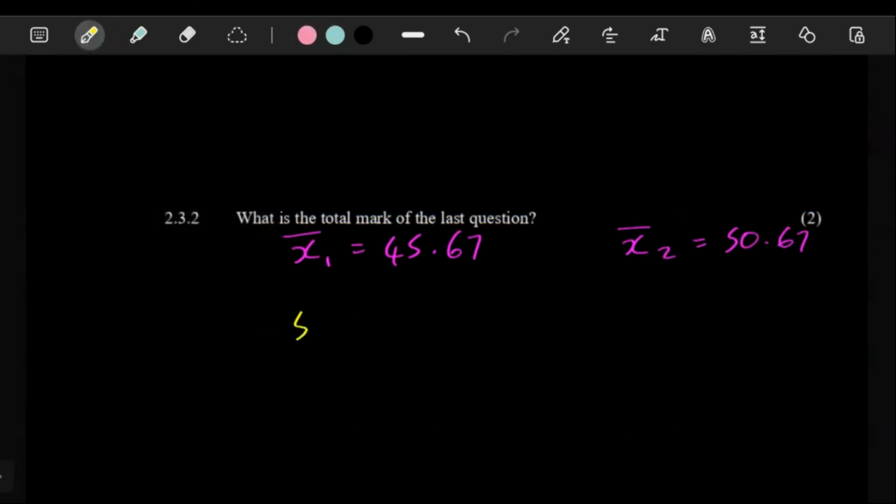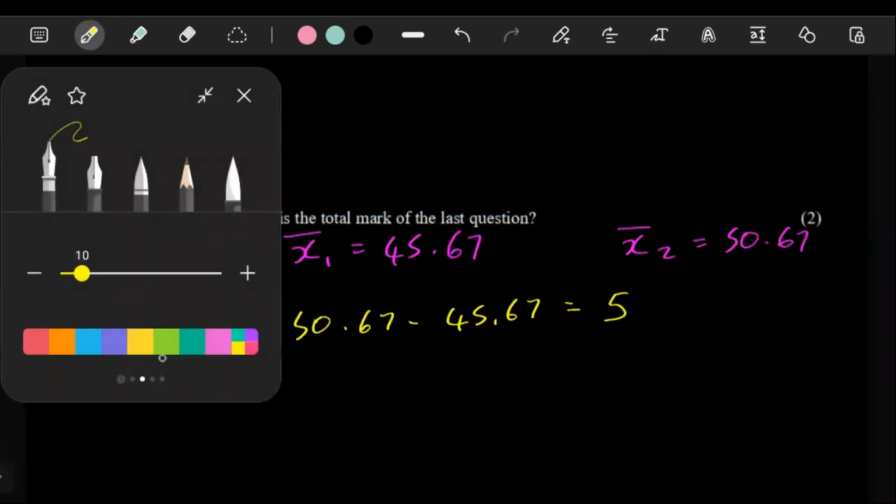So 50.67 minus 45.67 gives you a distance of 5%.